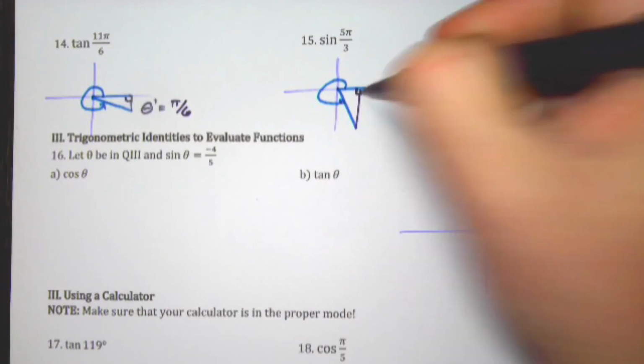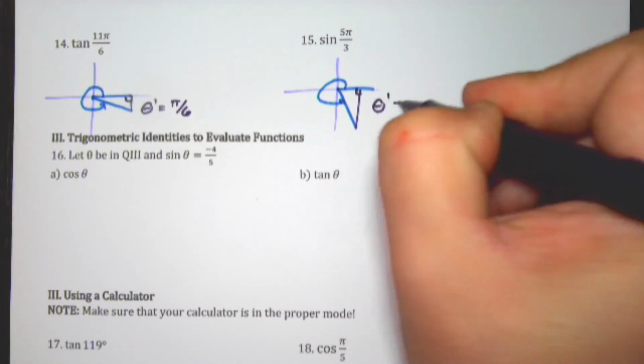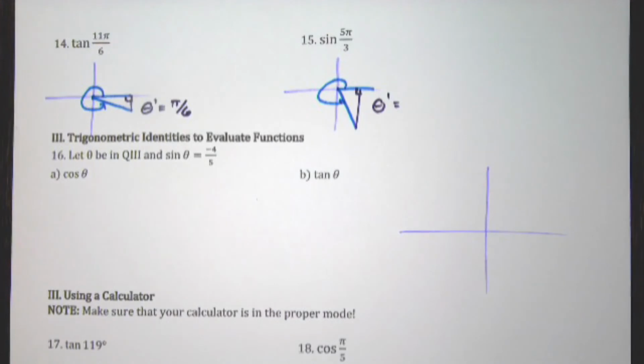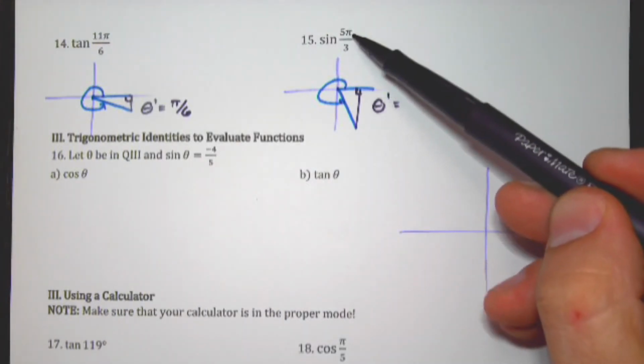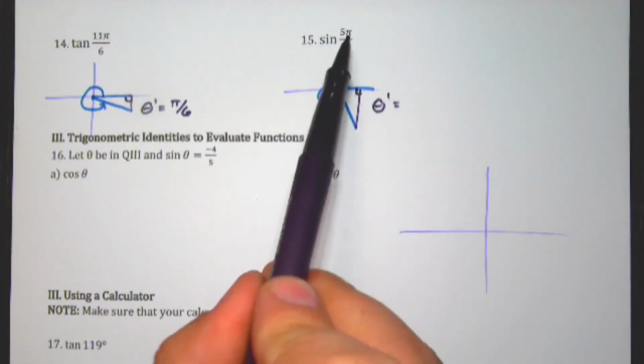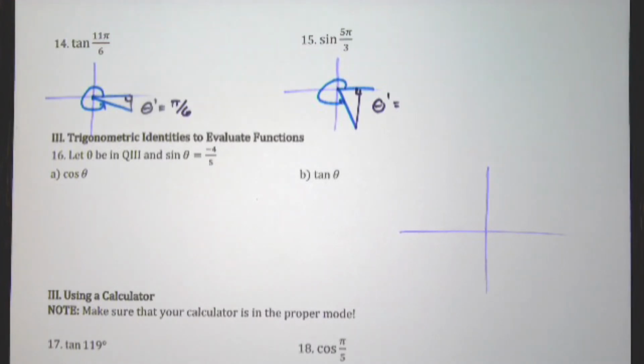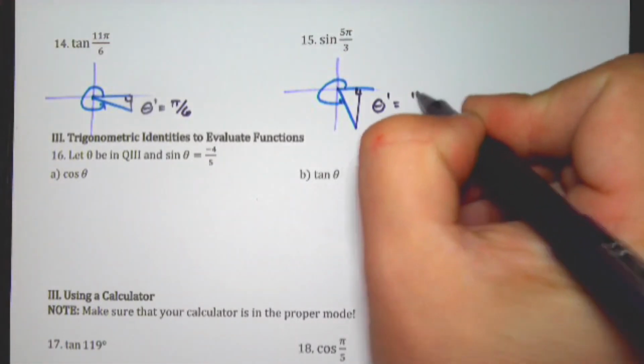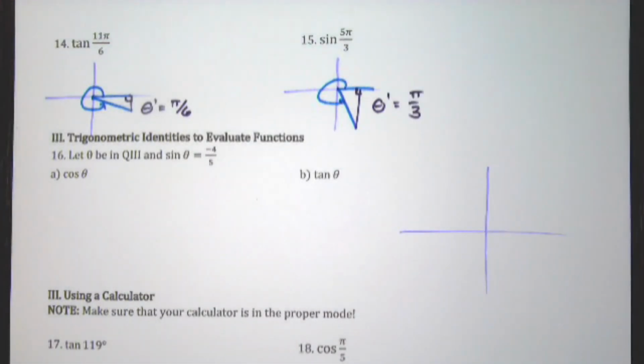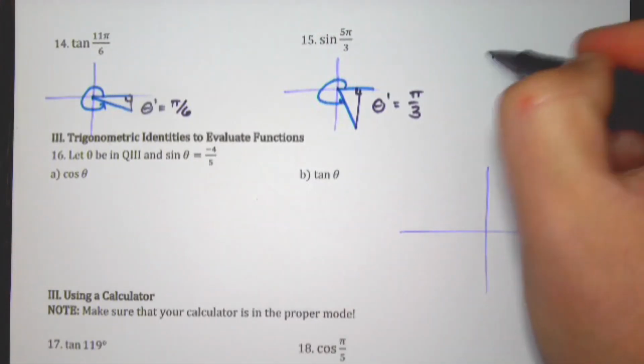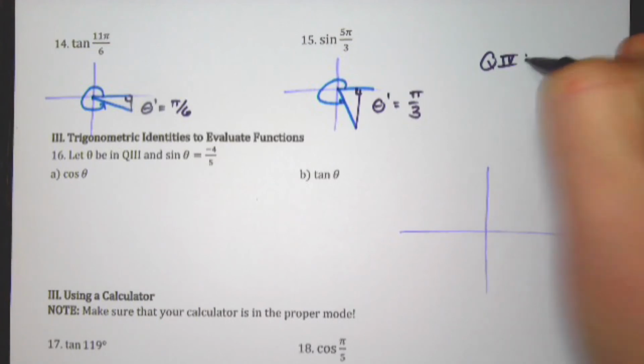Again, we move up, and that's going to be our theta prime, that reference angle. Well, how much more do we need to get to 2 pi, or 6 pi over 3? Just that extra pi over 3. So for both of these, we're dealing with quadrant 4.